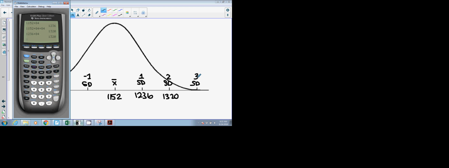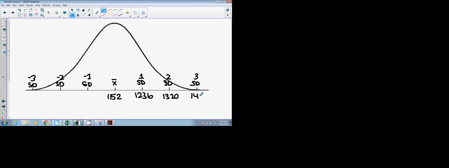You can add 3 standard deviations to the 1,152, or you can add 1 standard deviation to your 2 standard deviations. I like to be consistent, so I'm just going to add from my mean, 3 standard deviations. So I'm going to add 84 3 times to that mean. So my 3 standard deviation value is 1,404.